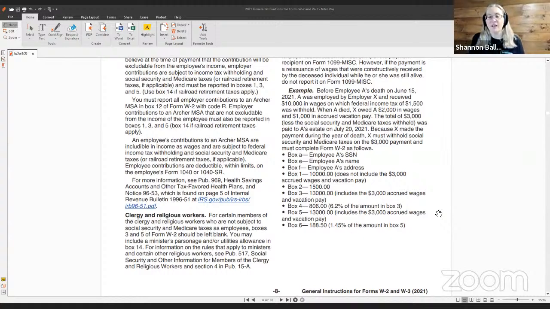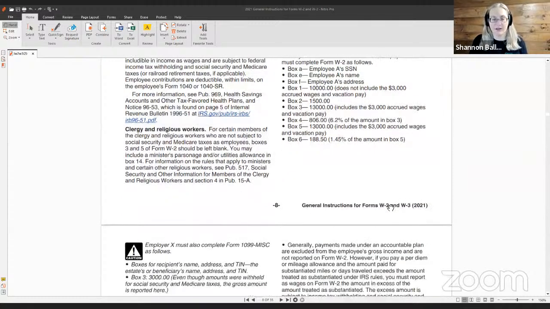Box 5 for Medicare wages is also going to be $13,000 because you add the accrued wages and vacation pay to the $10,000 of pay that was already paid before A's death. Box 6 is $188.50 because that is 1.5% of the amount in box 5 for Medicare wages.